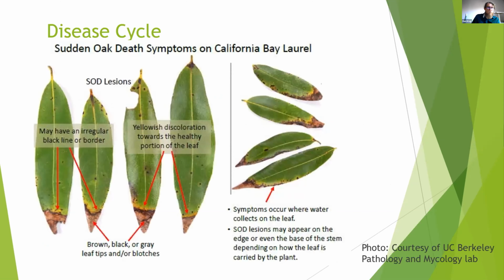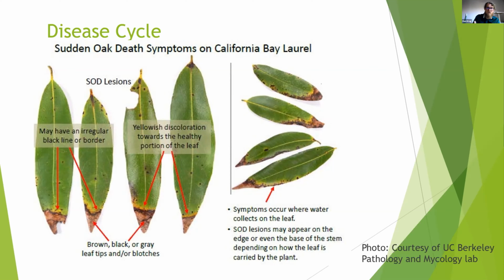And this is what the infections on bay trees typically look like. The point of the leaf that hangs down the lowest is generally where the infections occur. Now, typically when you see bay, they're hanging with their points facing down, which is why the images on the left-hand side are in that fashion.